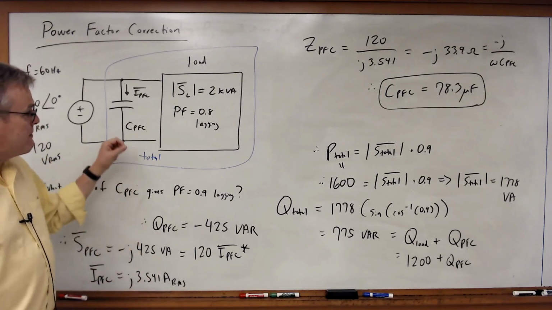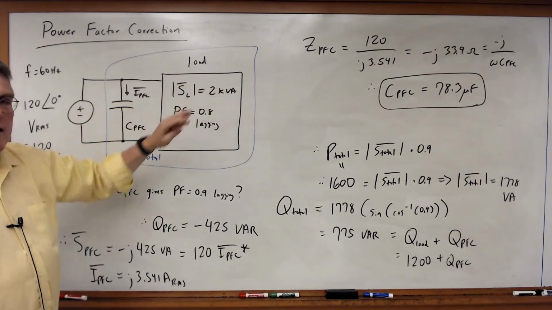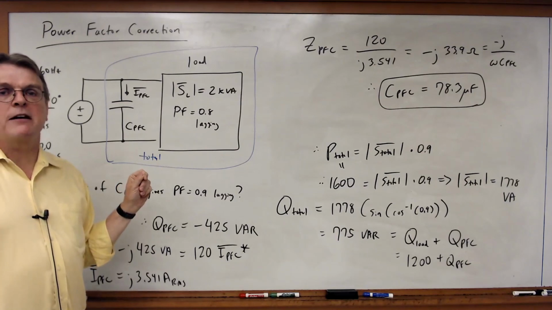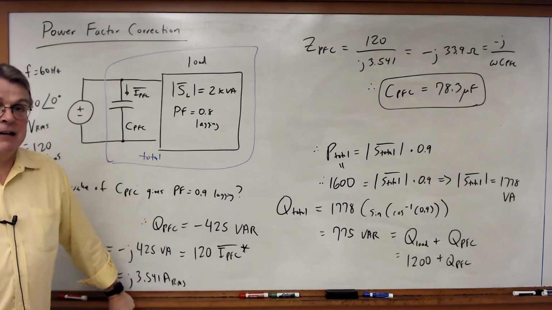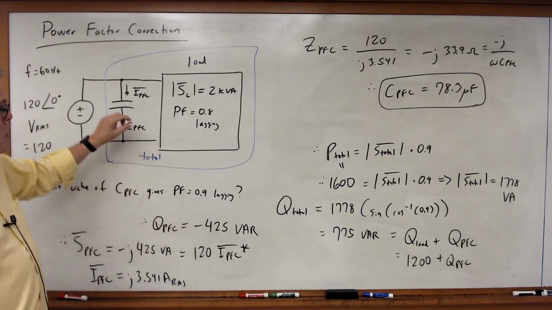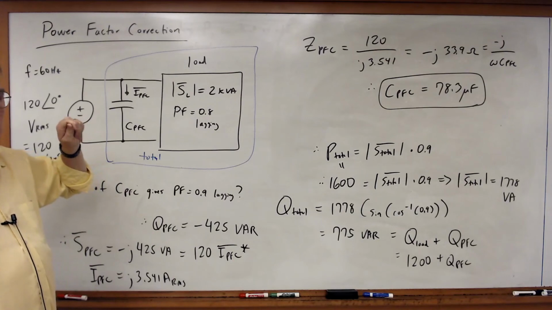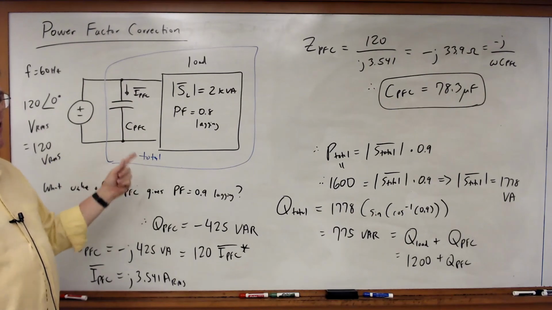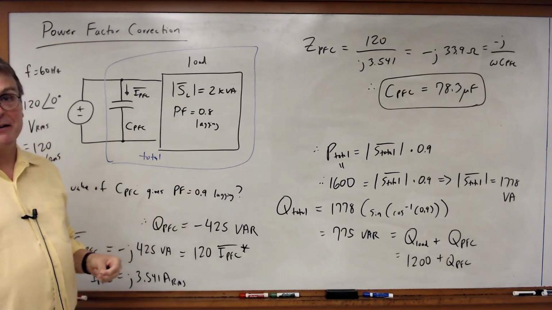And you notice, of course, if I made the capacitor too big, I could push the total complex power such that I had negative VARs in the entire system, and I could have an overall power factor that would be leading instead of lagging. So obviously you want to be careful when you do power factor correction to correct just enough to cancel the reactive power of the load without going overboard, without generating excess negative VARs, because then your power factor starts going down again, except now you've got a leading instead of lagging power factor.